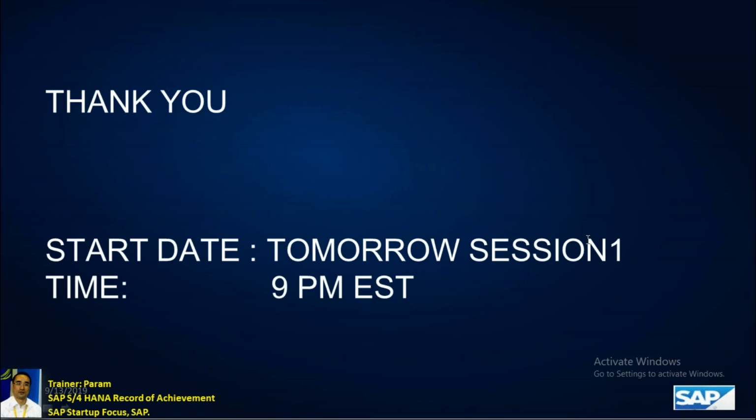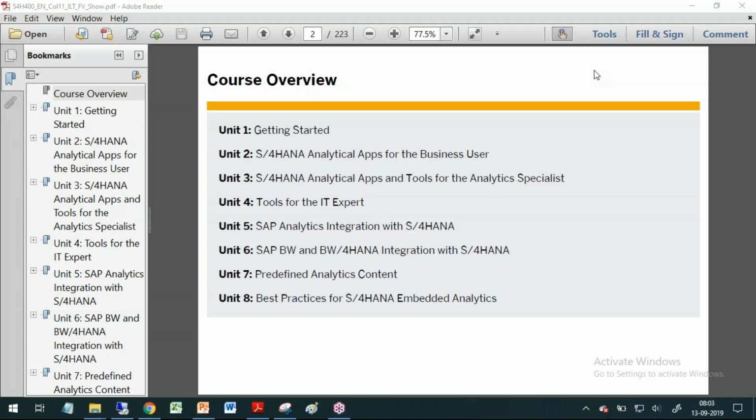Okay, I have a question from Ravi A. Highlight the content covering S4HANA Embedded Analytics. For S4HANA Embedded Analytics, we're going to use the standard document from SAP, which is S4H400. You can have a look here on my screen.